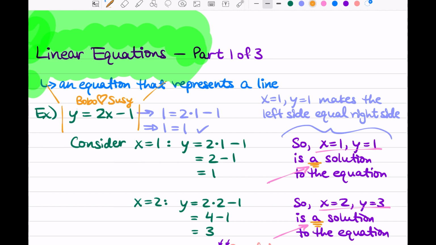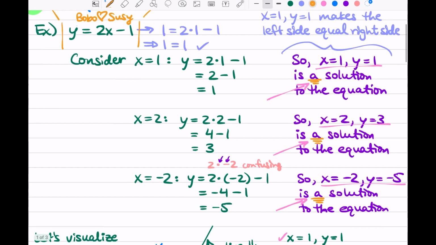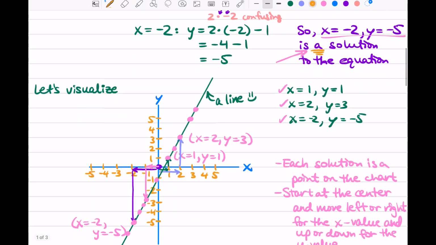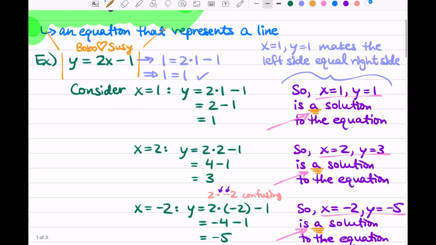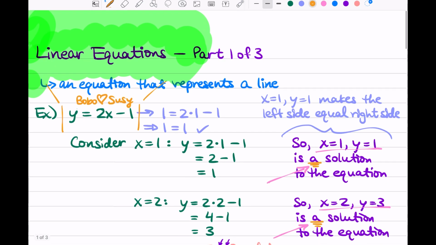How can you tell, looking at y equals 2x minus 1, that that is a linear equation? That if you just plot 2 points on that graph, you can just draw a line and be confident that you have a line, that you know what this equation is? Well, if you want to know how to figure that out for yourself, and also whether Bobo truly does heart Susie, meet me in the next video.